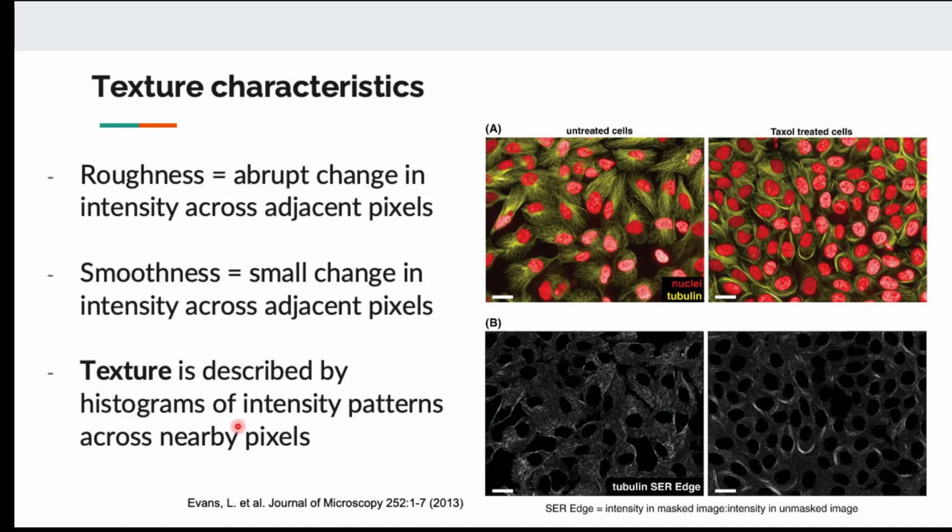So texture, in terms of computation, is described by the histogram, the frequency. But instead of the frequency of intensity, it's going to be a frequency of difference in intensity. Instead of the actual intensity, it will be a difference or a change in intensity.